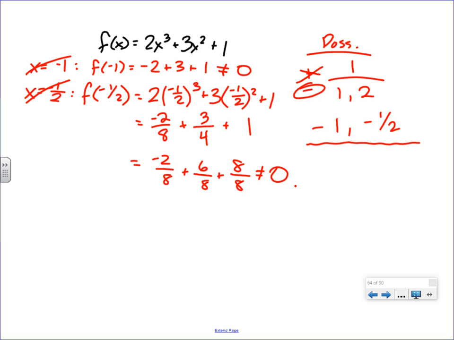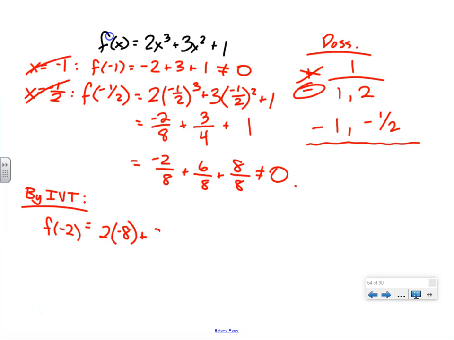Although, just this. What would happen if I plugged in -2? I already know -1. Wouldn't that be 2 times -2 cubed? That's -8, yeah?